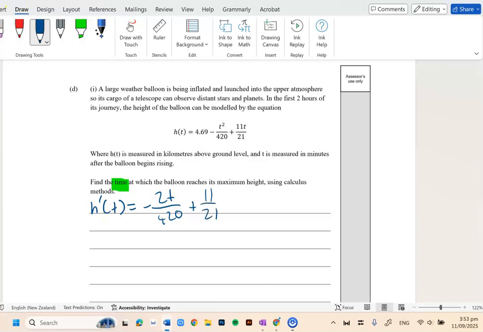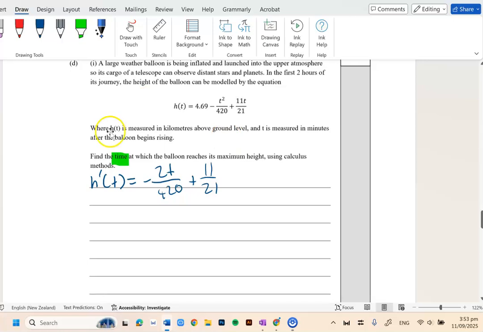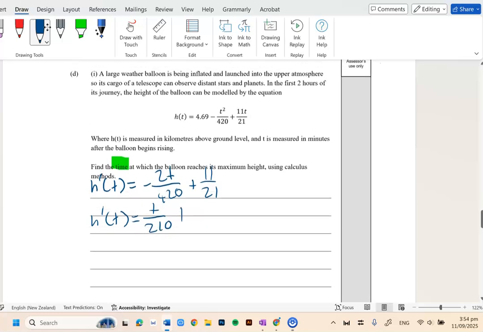Now we can simplify this further first. We can divide 420 by 2 to cancel out that 2, so h dash of t is t over 210, because 420 divided by 2 equals 210, plus 11 over 21.